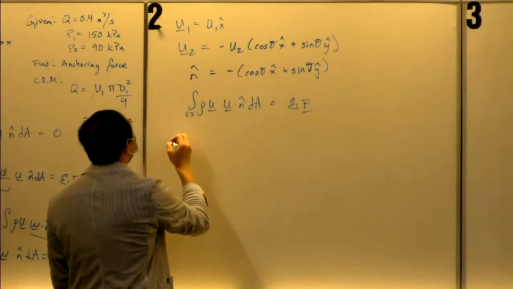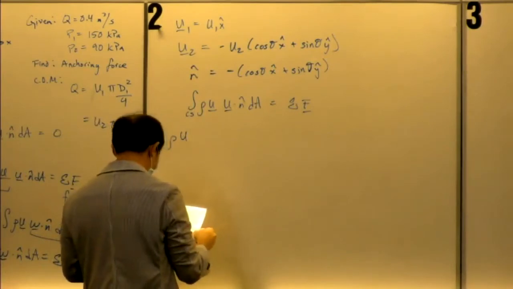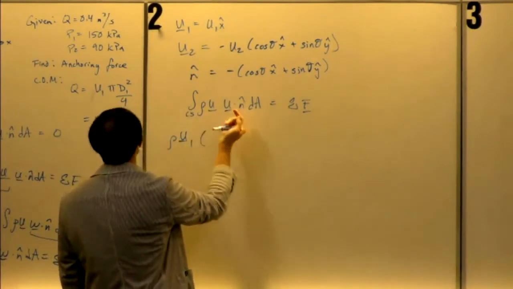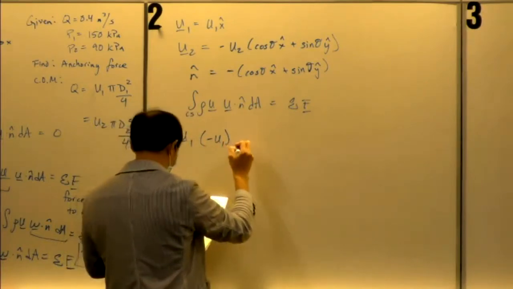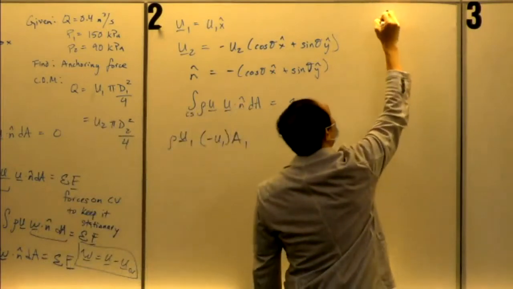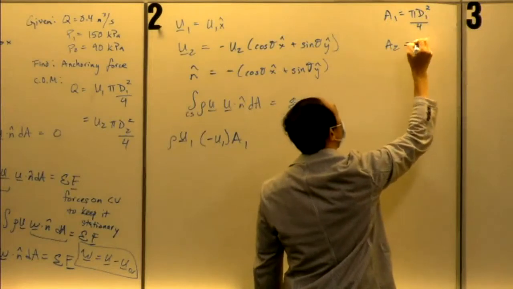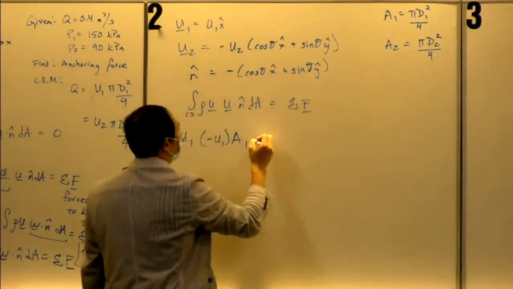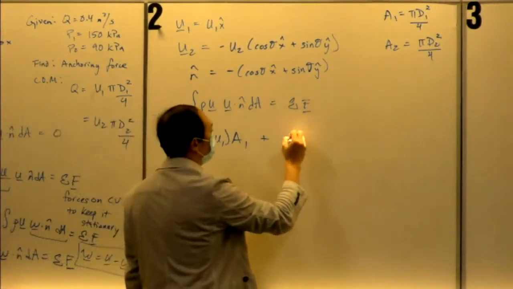So we got rho u1. We can just write the vector rho u1, and then here n hat is going in the opposite direction as an inlet. So we got negative u1 times A1, where A1 is equal to pi d1 squared over 4. A2 is equal to pi d2 squared over 4. Okay. Plus, again, we have rho u2.